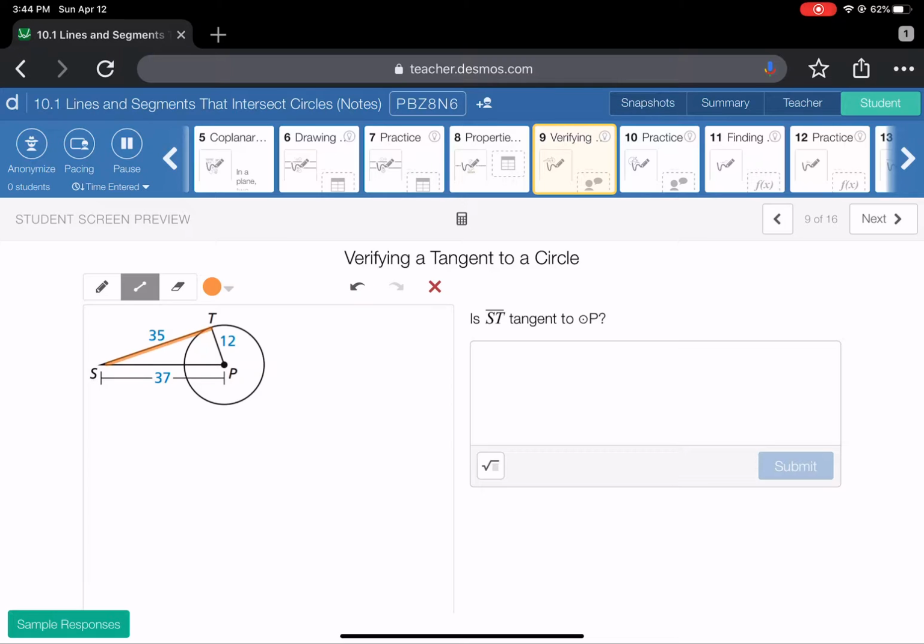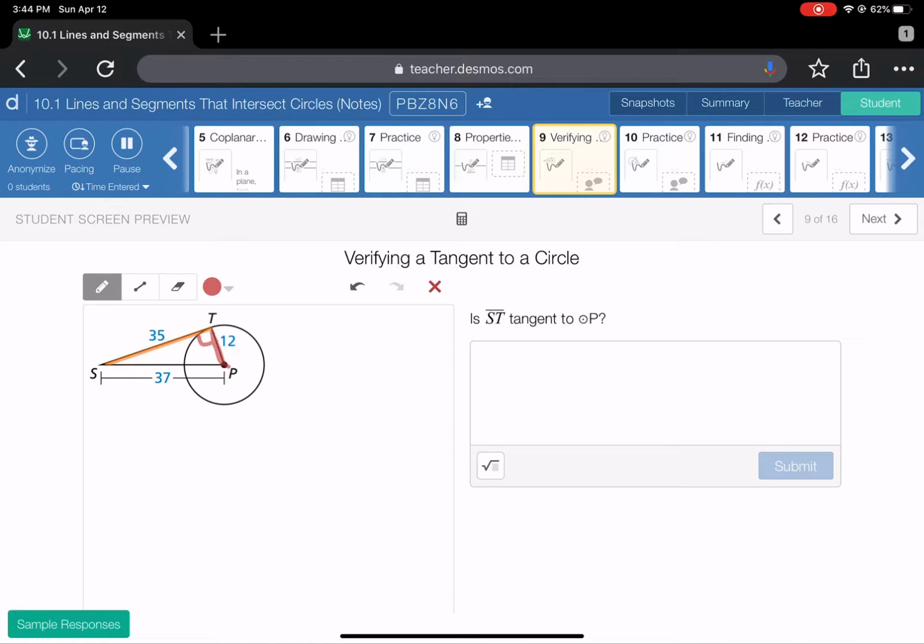So we want to know if that segment there is a tangent. And remember, the property said that in order for it to be tangent, it has to create a 90-degree angle with the radius. So with TP, it must create a 90-degree angle. How can we do this?